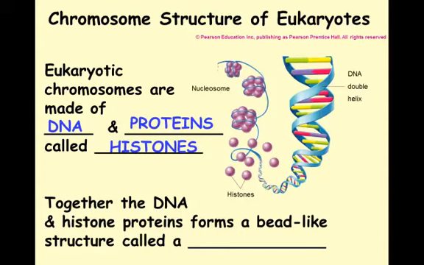Some proteins are structural, and histone proteins help the DNA molecule compact down into a chromosome shape. The DNA, together with those histone proteins, forms little bead-like bundles called nucleosomes.